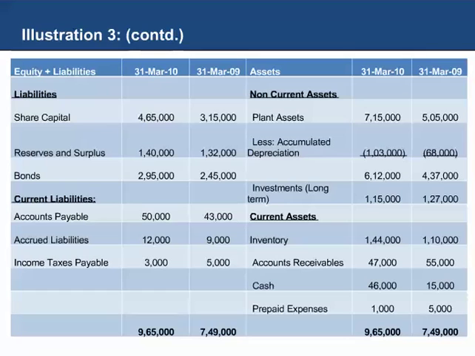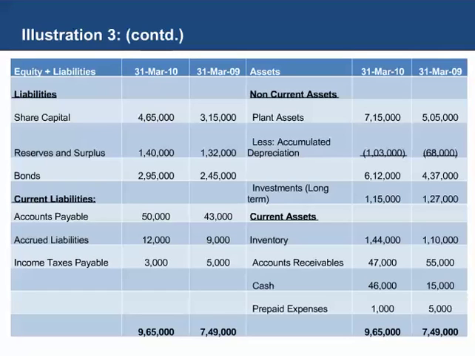Current liabilities, accounts payable closing is 50,000 and opening was 43,000. Thus there is a net increase in accounts payable, and it should be a net cash inflow while making an adjustment in the working capital changes. Similarly for other items. Accrued liabilities from opening of 9,000 to closing of 12,000. Income taxes payable is 3,000 and 5,000.